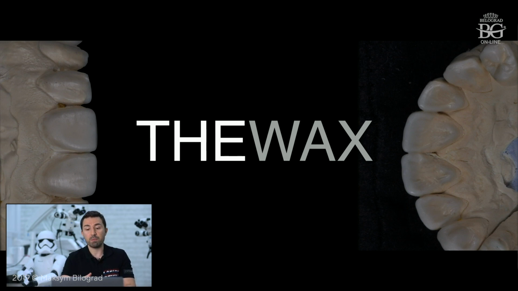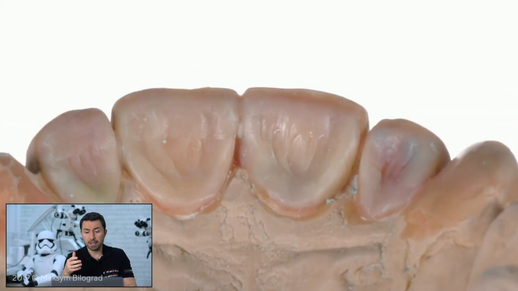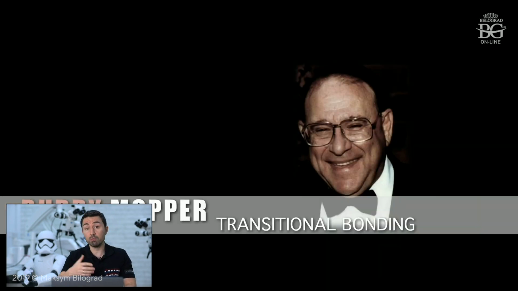The second step was to transfer the wax-up into the patient's mouth. This is what we have to do for this copy-paste technique. I would like to mention that copy-paste technique is a nickname of the procedure. The original name of that procedure is transitional bonding.